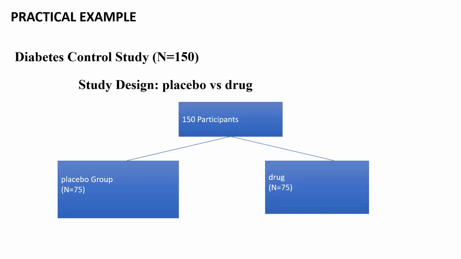When you are conducting this analysis or regressions, especially in inferential statistics, you're supposed to have a large dataset. In our analysis, we have a placebo group that has 75 participants, and the drug group that also has 75 participants.